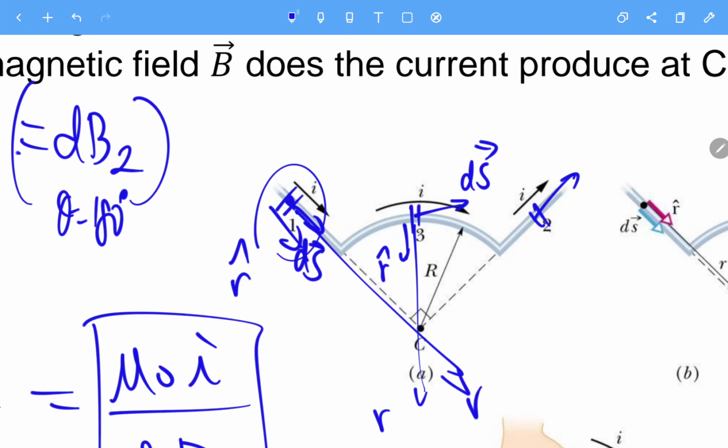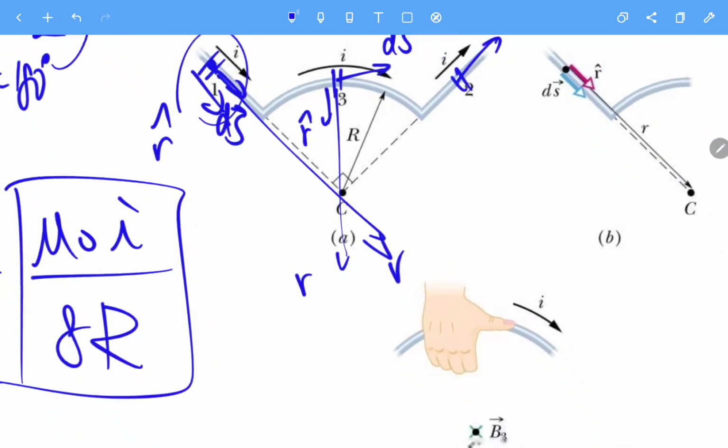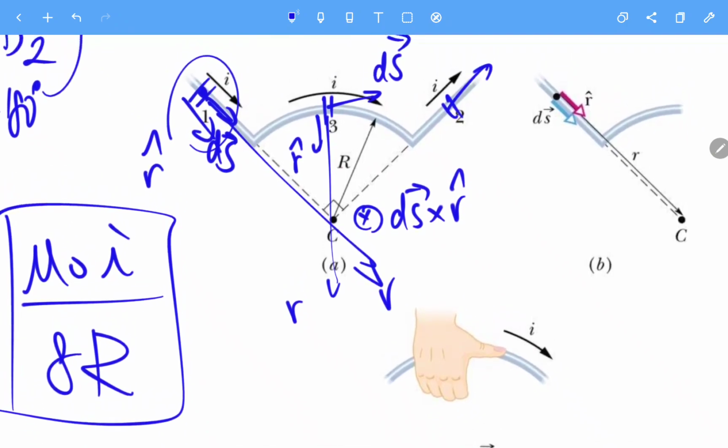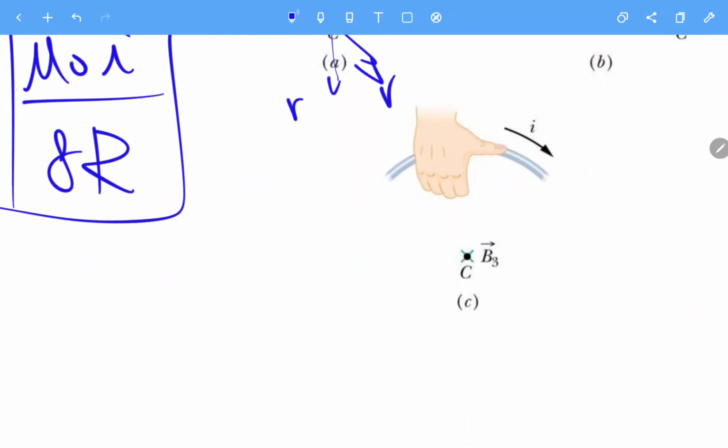So ds cross r hat is pointing into the page. Another way is to use your thumb to follow the direction of the current, and then your forefinger.